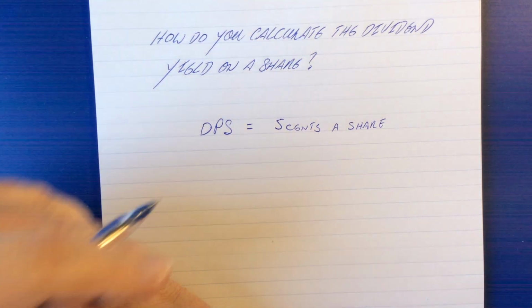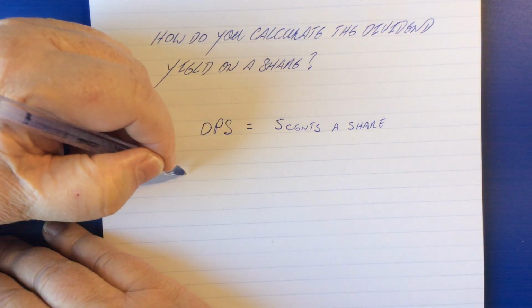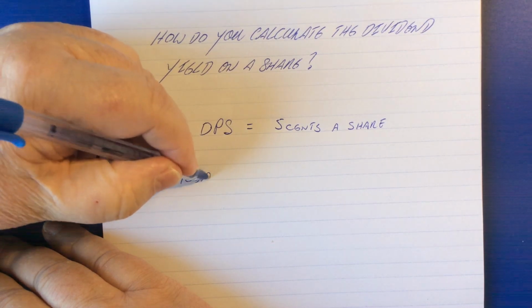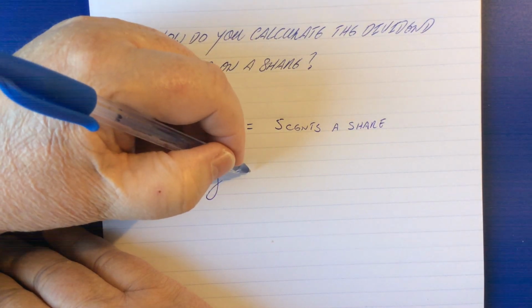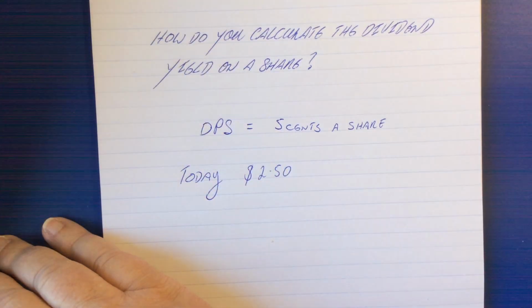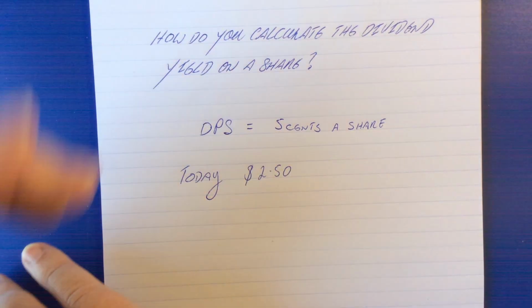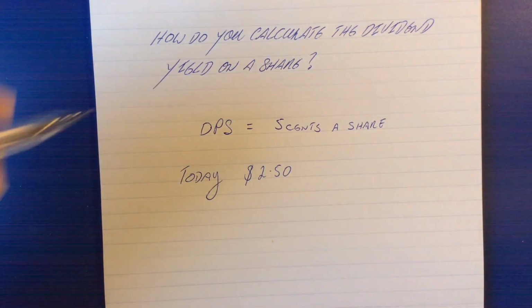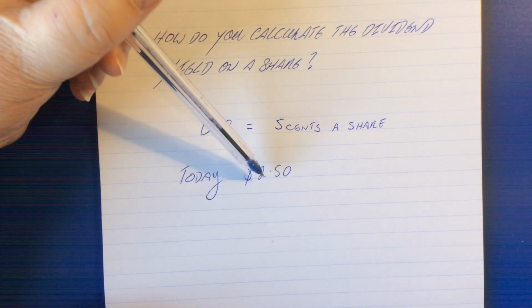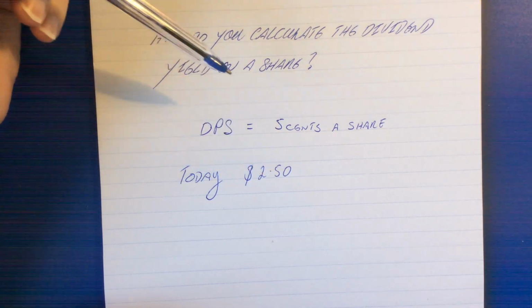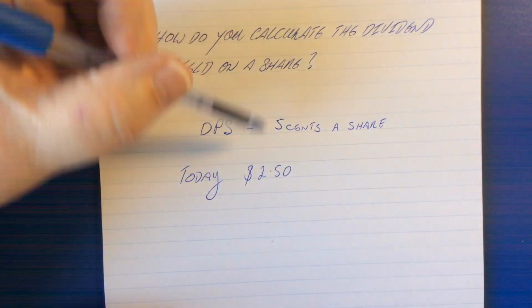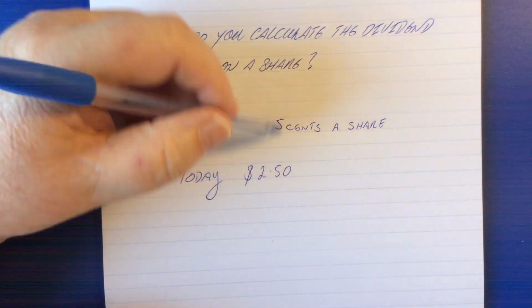And the price of our stock today, the price of the share, is $2.50. Now, what we do is we divide this into this to get the yield, and we get the yield eventually as a percentage.